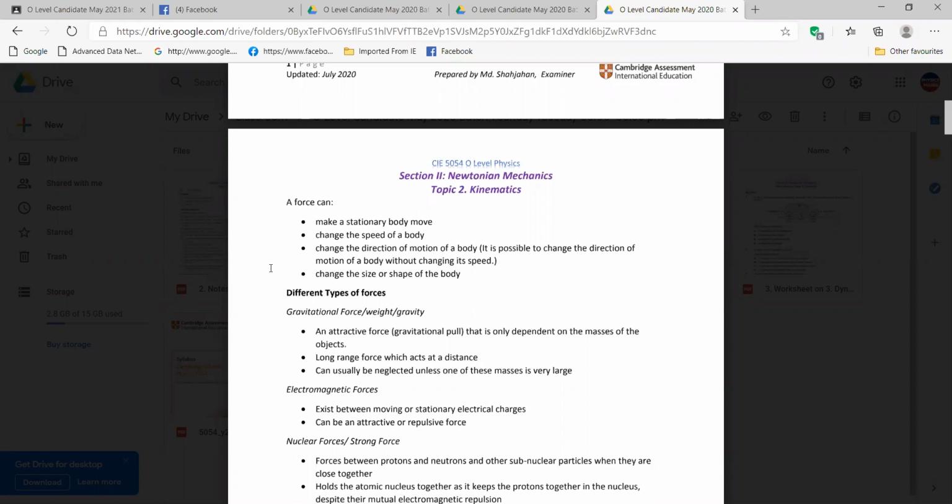But if we think that two persons are sitting side by side, you and your friend, you also have gravitational force on each other, but you don't realize it, right? So at that time we are neglecting that one. Got it? That is negligible. We are considering it as negligible. Clear? This is the third point.